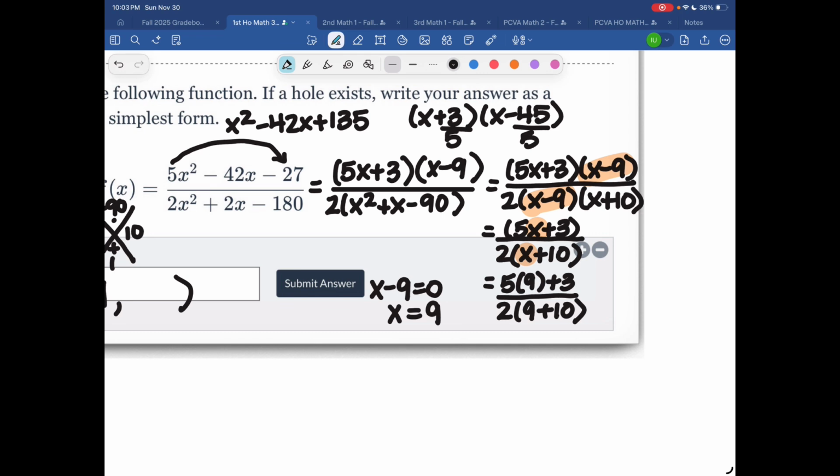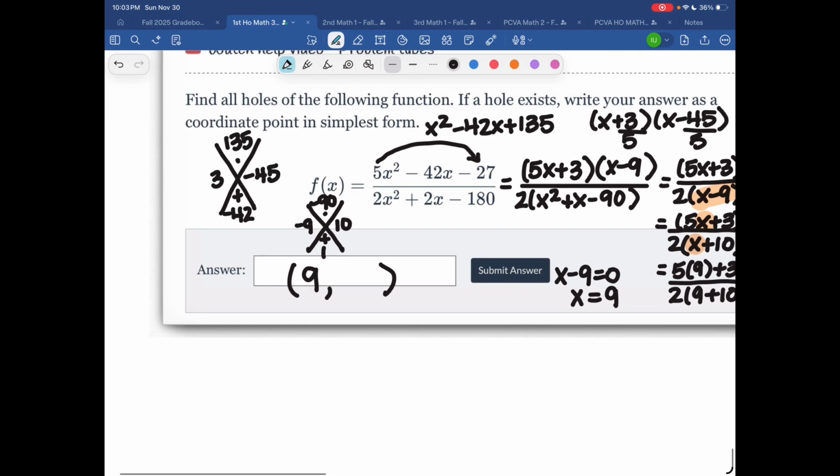And then 9 plus 10 is 19, and then we have 19 times 2. Once we put that all together and simplify, I got 24 over 19. All right, so 24 over 19.